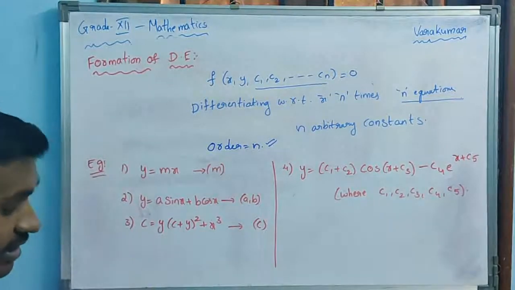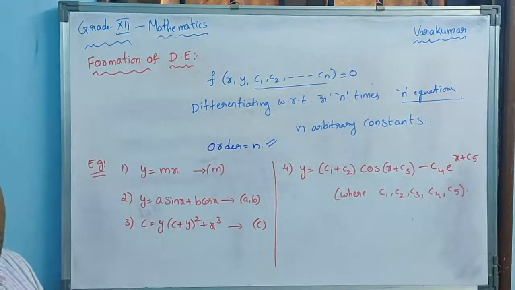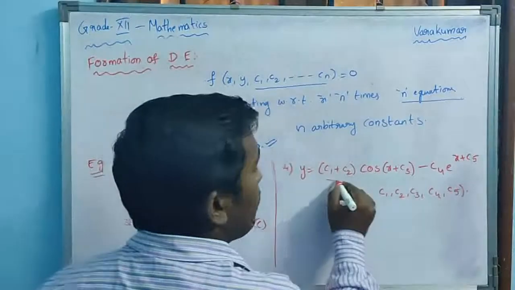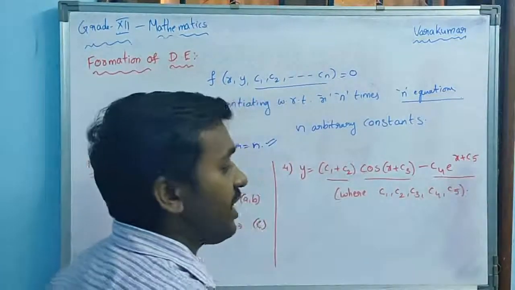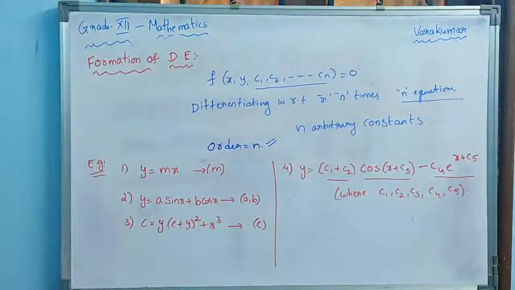Okay, now one more question. This question is often asked in IIT and other competitive exams. Now y is equal to c1 plus c2 into cos of x plus c3 and c4 into e power x plus c5, where c1, c2, c3, c4, c5 are 5 arbitrary constants. Now what is the order?